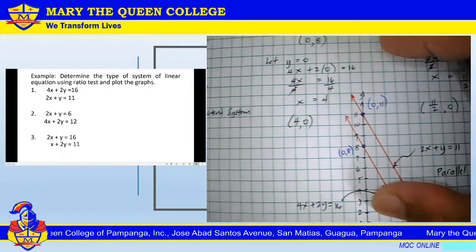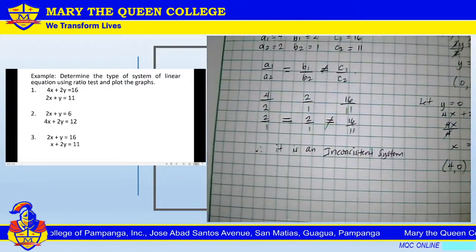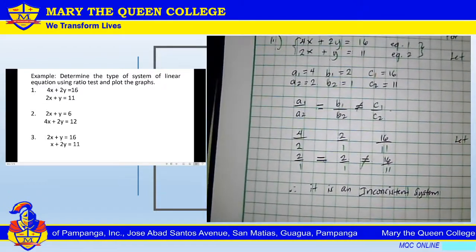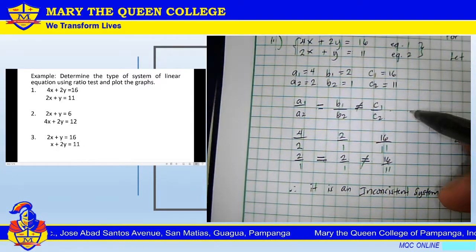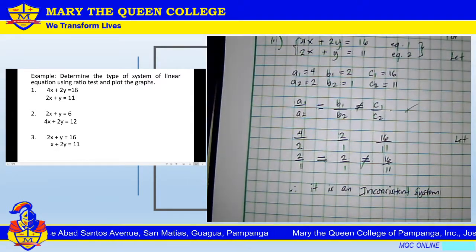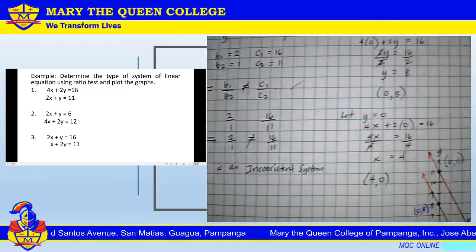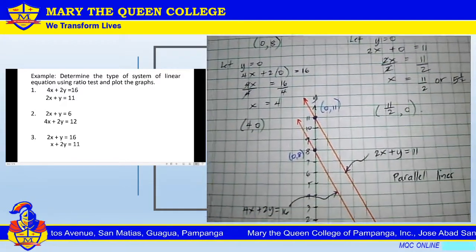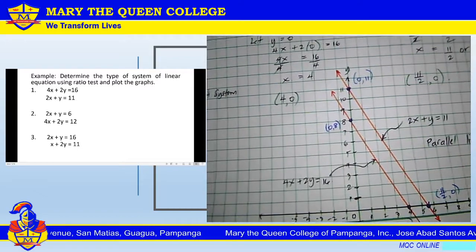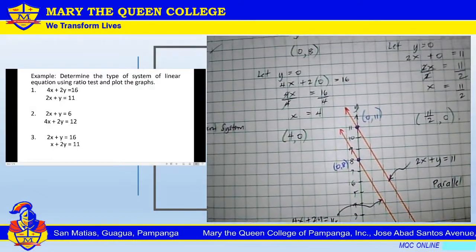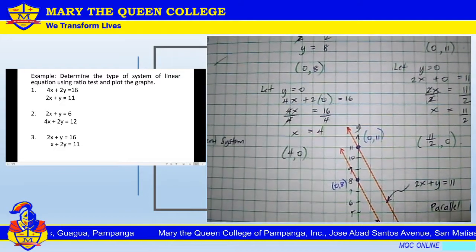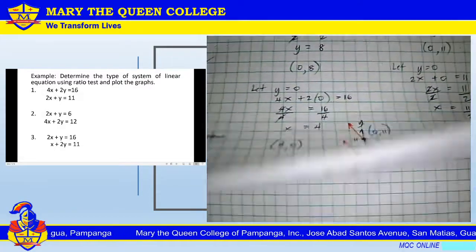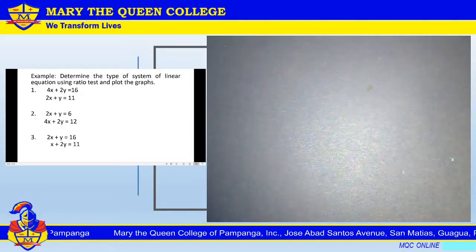But if you are only asked to determine if the system is inconsistent, dependent, or consistent, just simply apply the ratio test. So that's how simple it is. There are many steps to do, but basically the concept is very simple. Okay, so we'll proceed now with the next example.